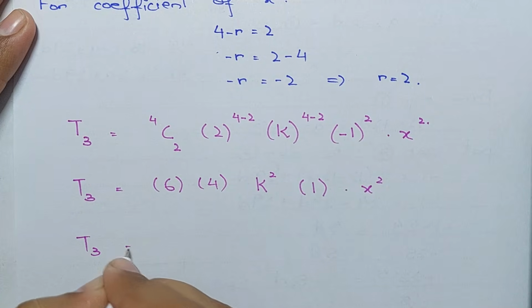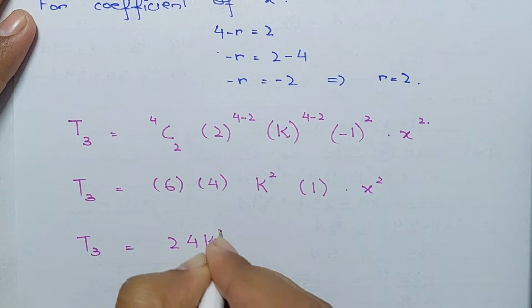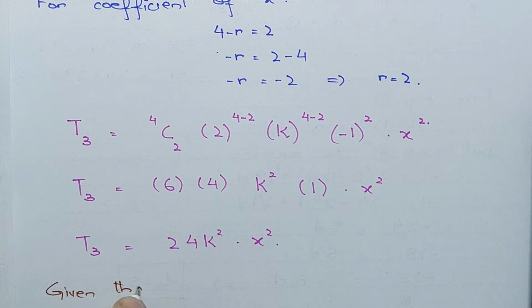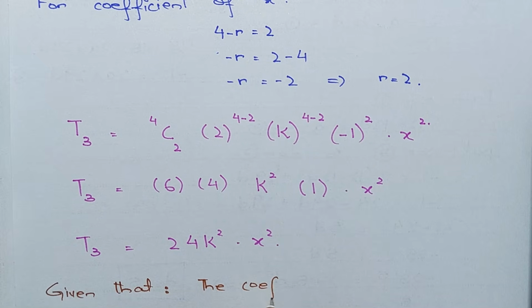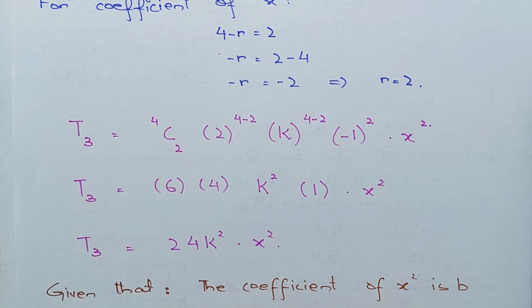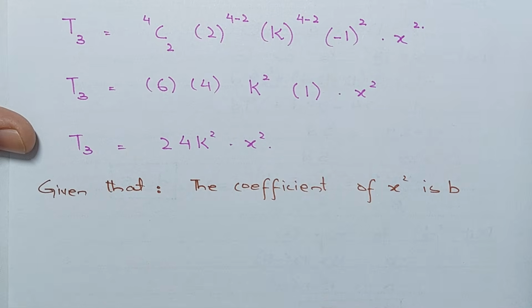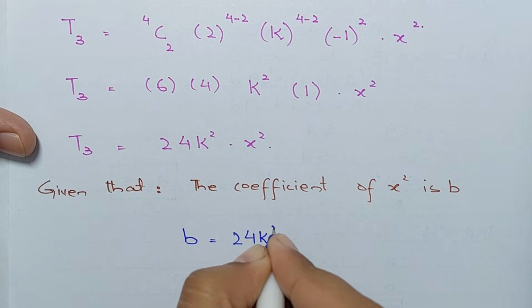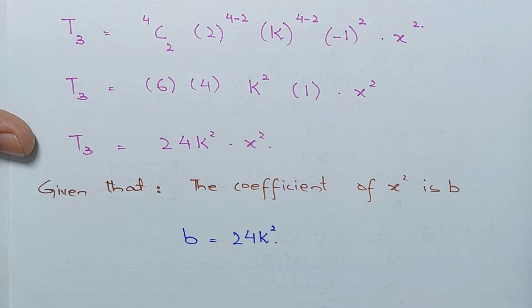So the third term is 24k squared x squared, right? Now what we have, given that the coefficient of x squared is b. So what is the value for b? So the b would be equal to 24k squared. This is the value for b.